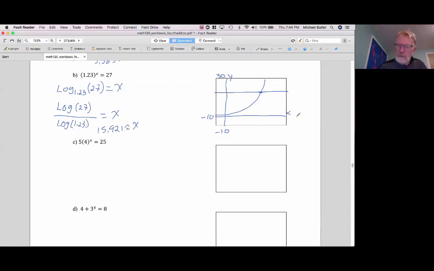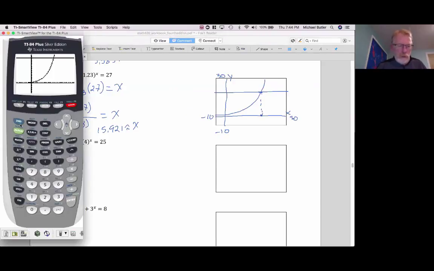So if you have to go back and recreate this graph, you have all the information you need. You got the x-min, you got the x-max, you got the y-min, you got the y-max. So you can go back and make the graph again if you need to. Okay, so the value of x we're looking for is right there. So we're going to go second, calc, number 5 for intersection, first curve, second curve, best guess.